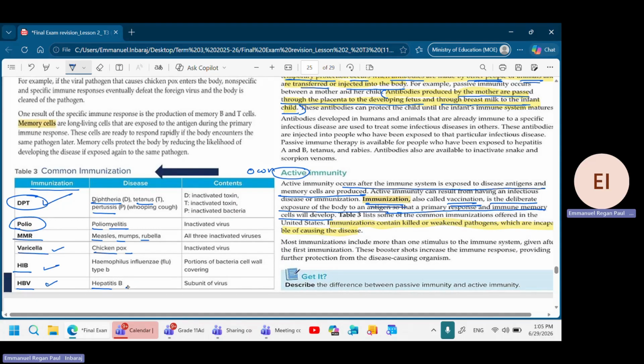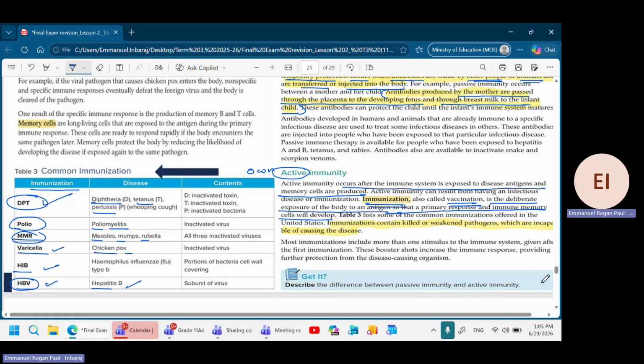Like hepatitis B, the vaccine is HBV. For chickenpox, it's varicella. Mostly they ask MMR, measles, mumps, rubella; HBV; polio, that's poliomyelitis; and DPT, diphtheria, tetanus, and pertussis. All right. So this is a table that you should study.